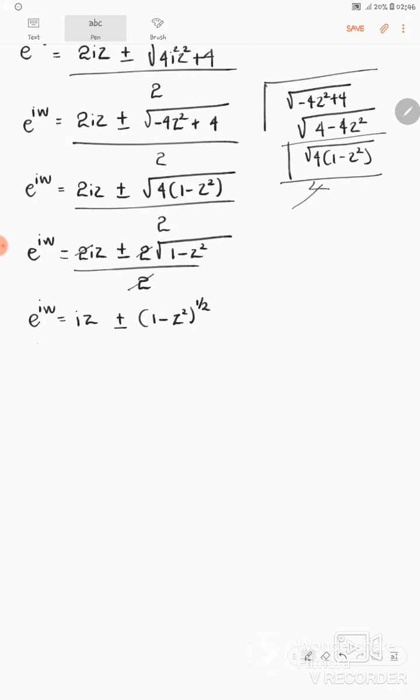As we know, we can have iw equals ln, open bracket, iz plus or minus 1 minus z squared raised to power 1 over 2, close bracket. Now looking at this, we have iw equals ln of iz plus or minus 1 minus z squared raised to power 1 over 2.